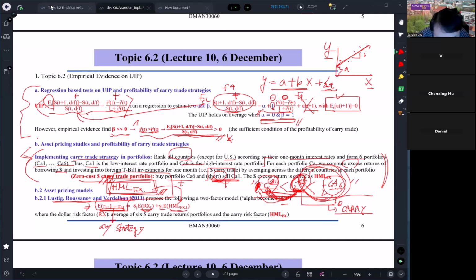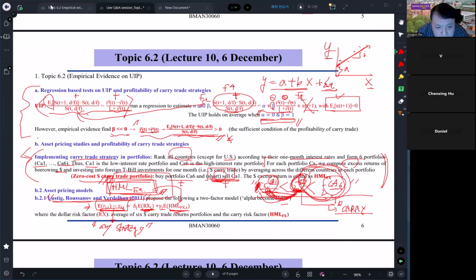So what is significant about this model? This model suggests any profitable investment strategy, the return from implementing that is related to the risk premium of average FX movement and carry trade movement. So this paper is actually a summary.